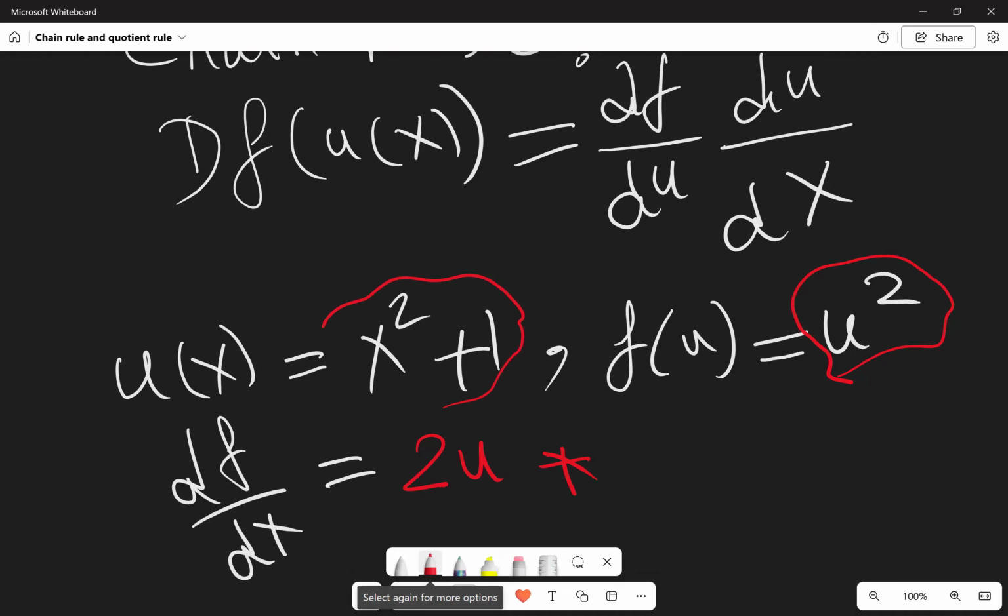Here is the function. Then the derivative is 2x.